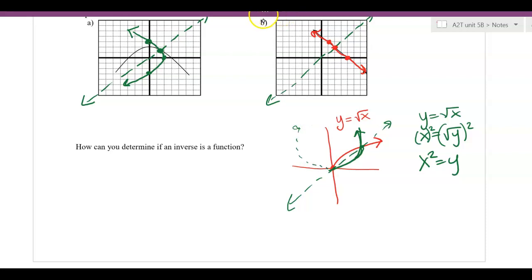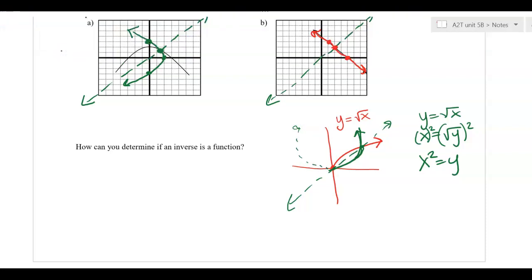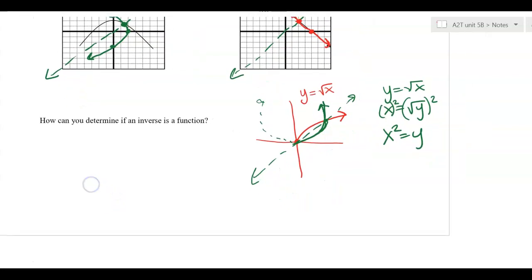So the one note that I wanted to make, which will also be very helpful in the homework, is that not only are you switching x's and y's and solving for the y's, but it depends on the domain and the range of the original function since the x's and y's switch.